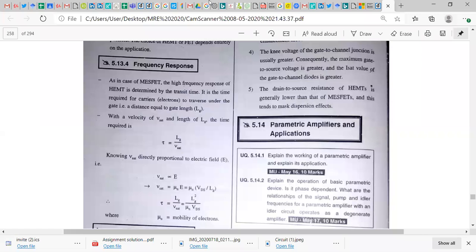Tau will be Lg divided by mu n into VDS by Lg.